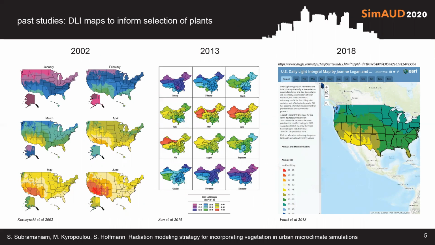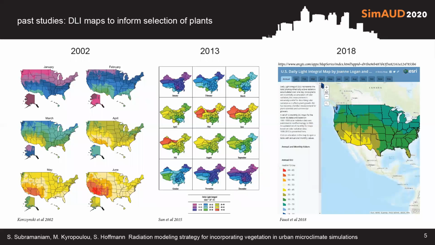So researchers who've been working primarily in agricultural sciences have performed several macro studies in the past decade to provide DLI maps for entire countries. And you can see two of them listed on your screen. So these studies relate to the mainlands of United States and China.